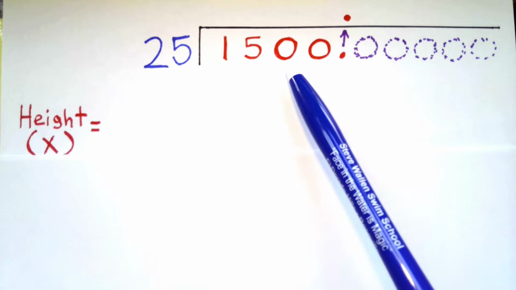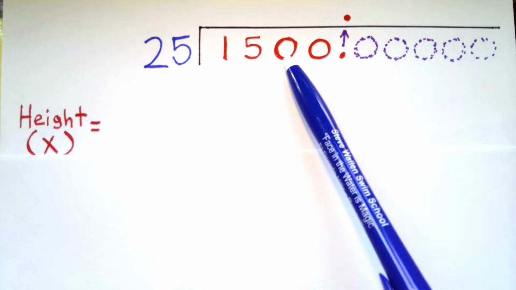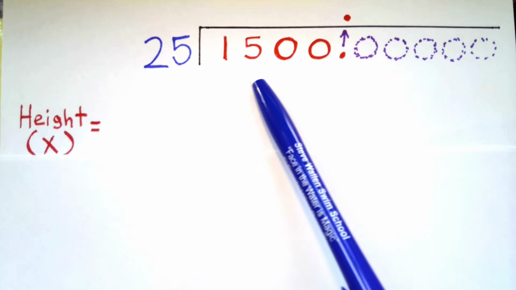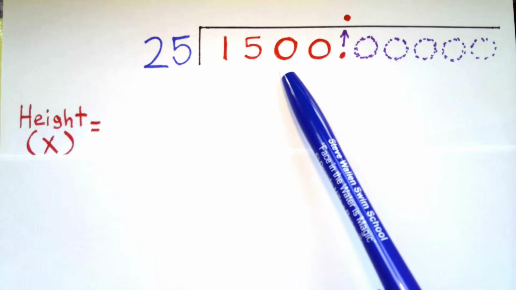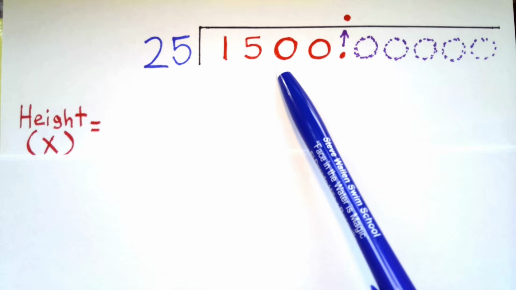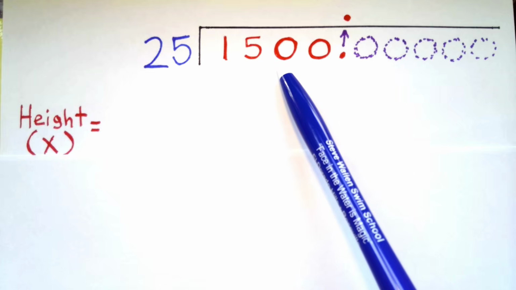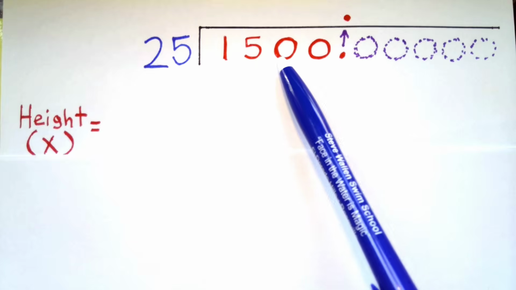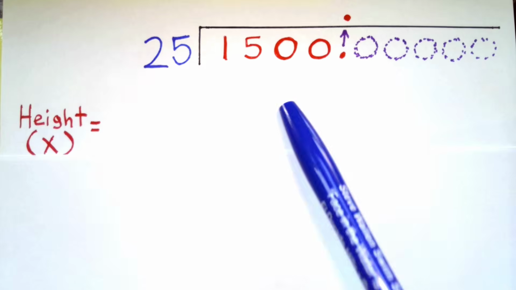So then I move over another digit, so that makes it 150. 25 times what number would give me 150? Well, I know 25 times 4 is 100, 25 plus 25 plus 25 plus 25. And then 2 more 25s is 50. So that would be 6. 25 times 6 is 150.